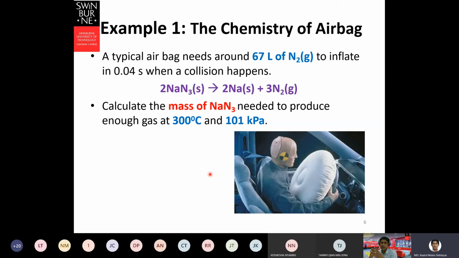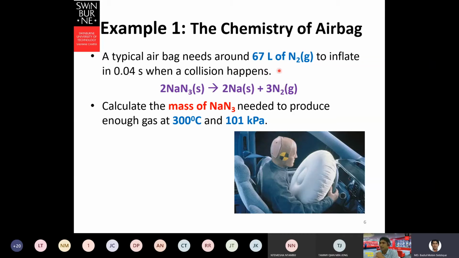The collision happens, there is a chemical trigger, and this triggers the airbag to inflate. It must be inflated within 0.04 second, even less than a blink of an eye. But it should be not more than 67 liters of nitrogen gas.